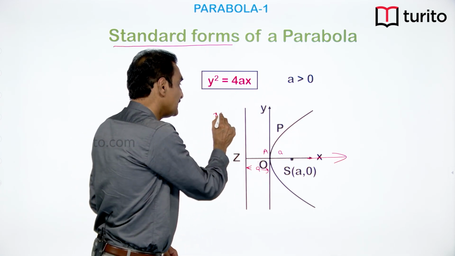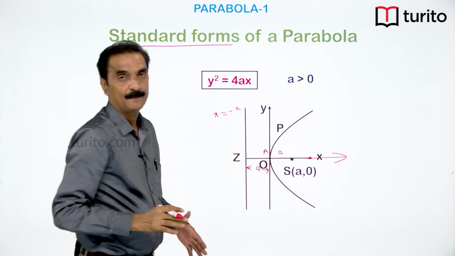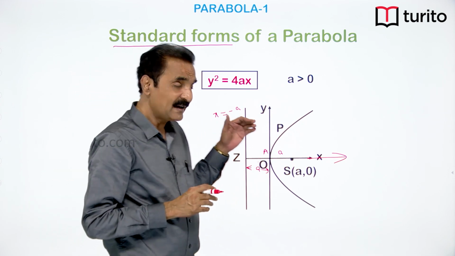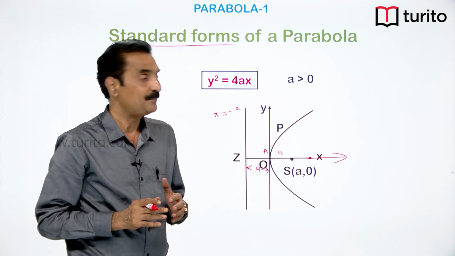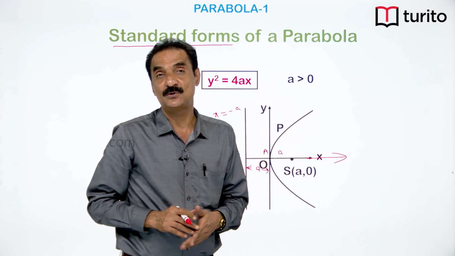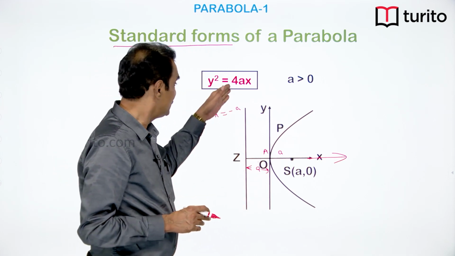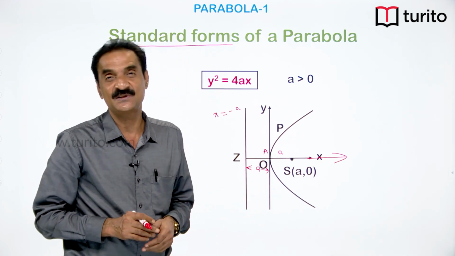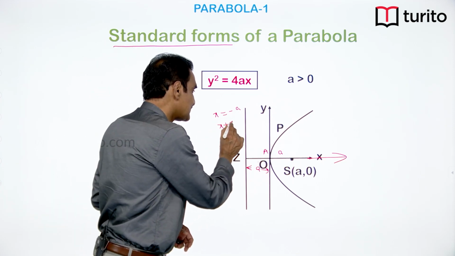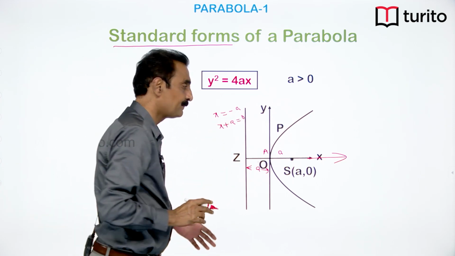So, it will be x is equal to minus a. So, we are assuming that the x axis is the axis of the parabola, origin is the vertex, focus is (a, 0) on the positive x axis, and directrix comes as x is equal to minus a, or you can write this equation as x plus a is equal to 0.